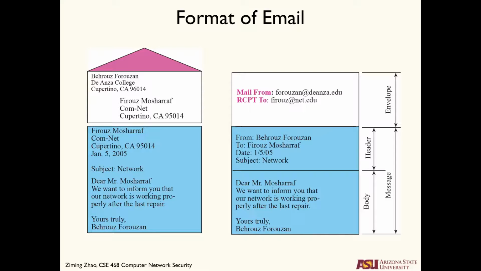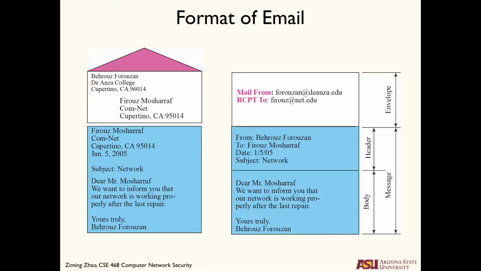The envelope part is just some key value pairs. There are keys like mail from, which is the sender of the email, and recipient to, which should be the recipient of the email. And this part is called the envelope.